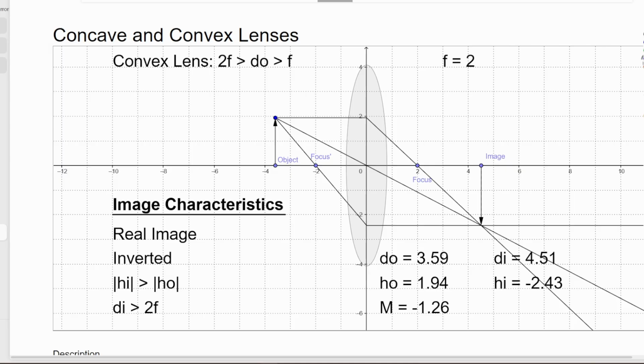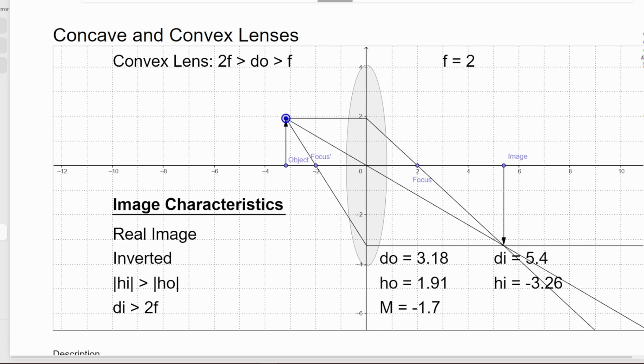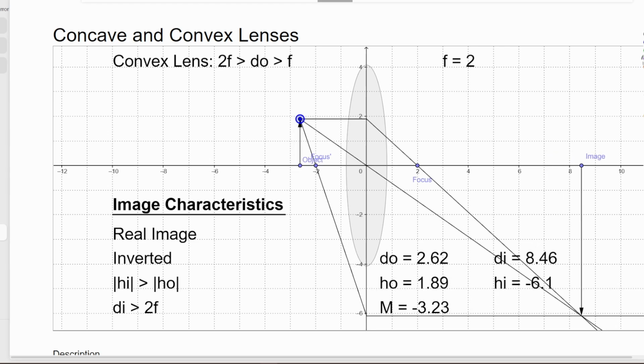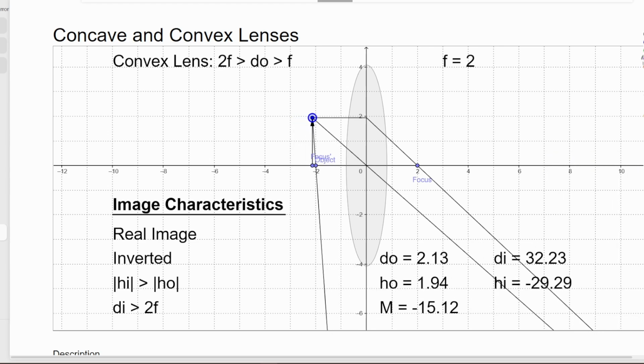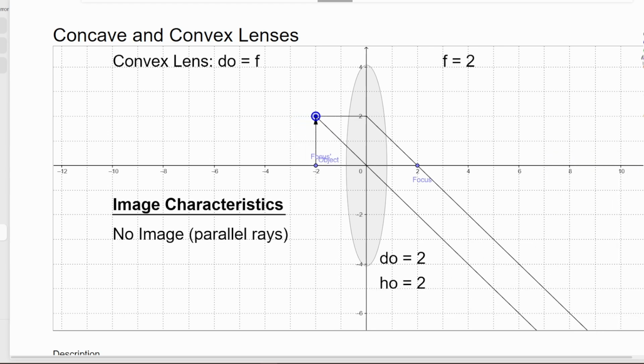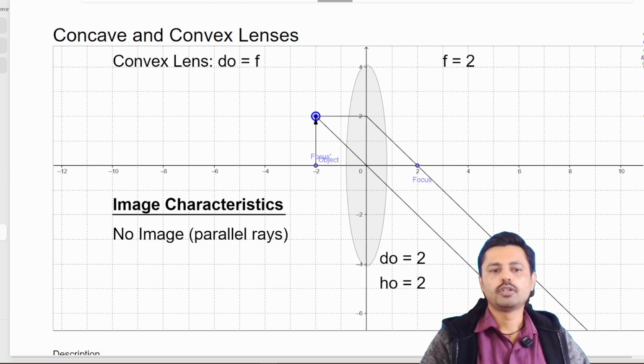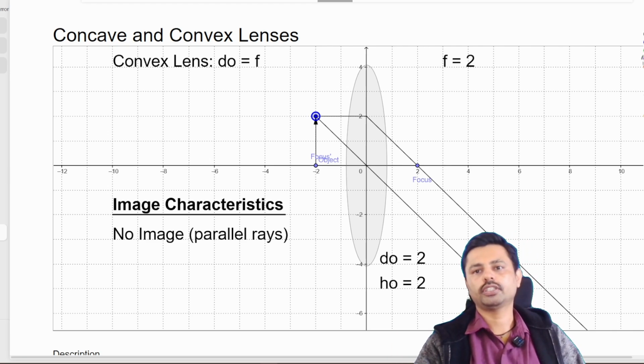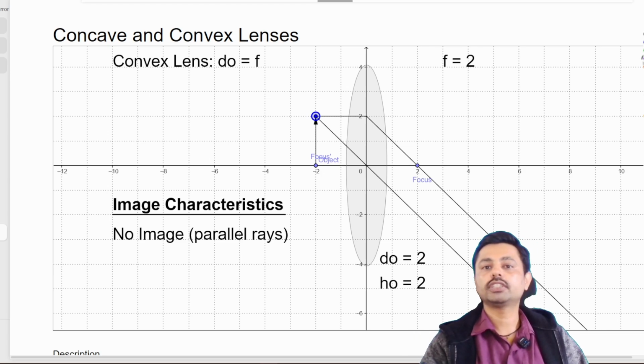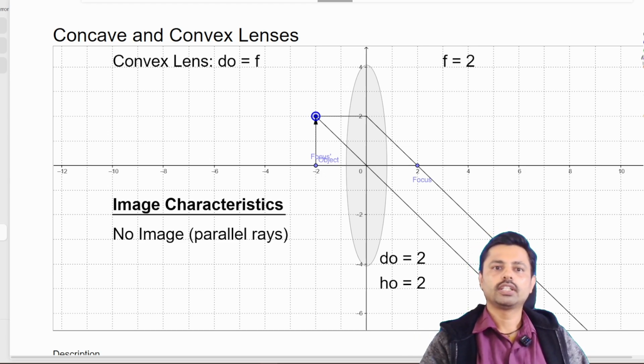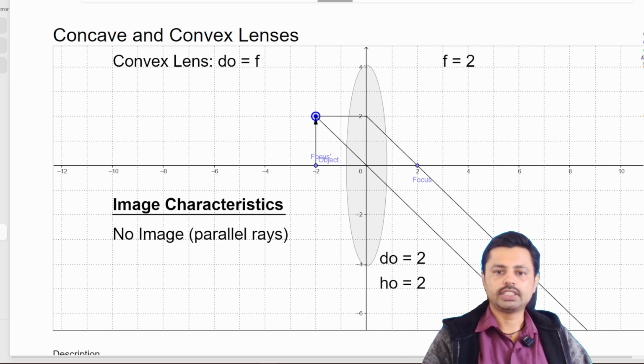Now what will happen if I take the object even to the focus? So let's see at f1, see the image. Are you getting an image at all? No image. Okay, so there is no image, but we can still say the position. It's going to infinity. That's why the position is infinity. So in new books also it's revised.